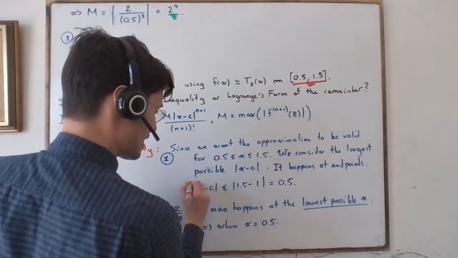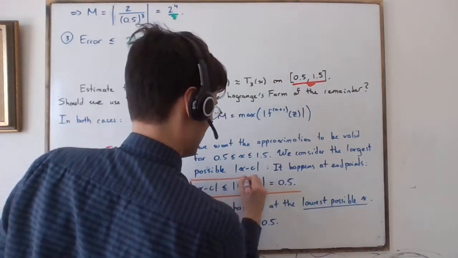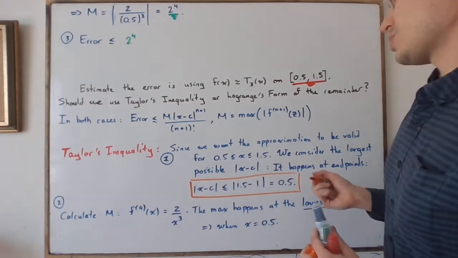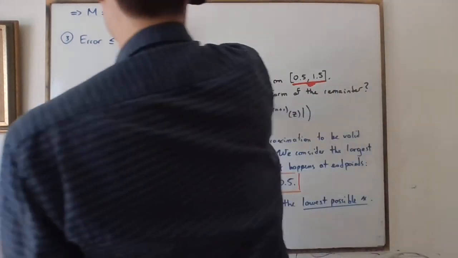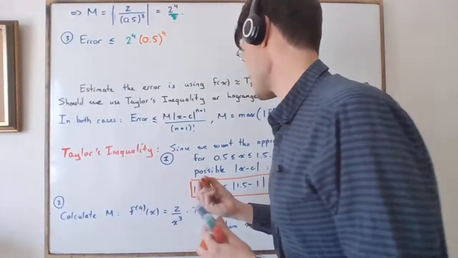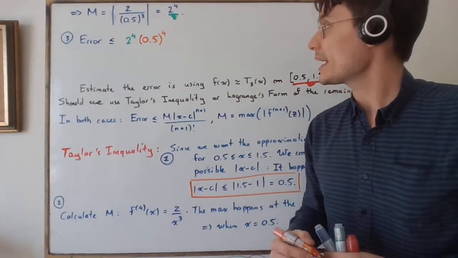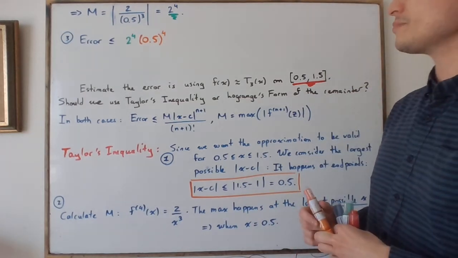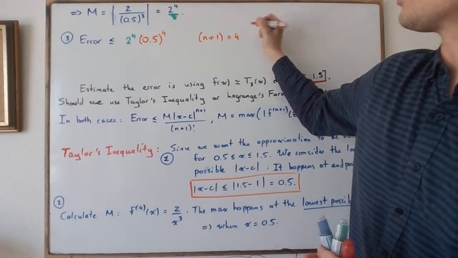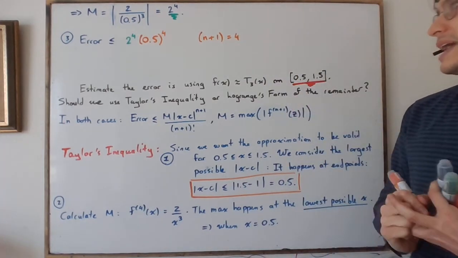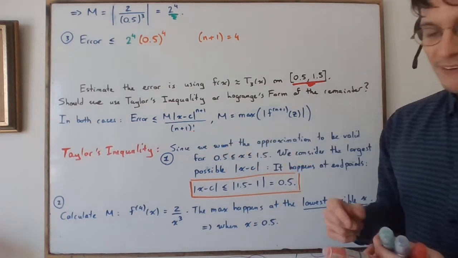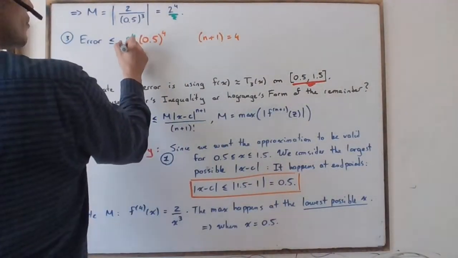We saw that the largest possible value of x minus c is 0.5, so we put 0.5 to the power of 4, because n plus 1 is equal to 4. And now we divide by n plus 1 factorial, so 4 factorial.